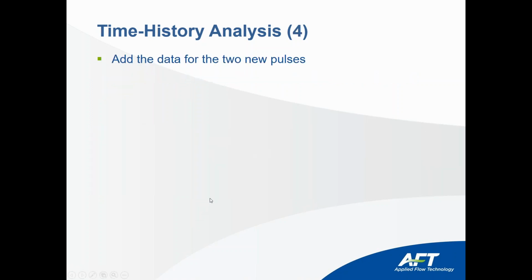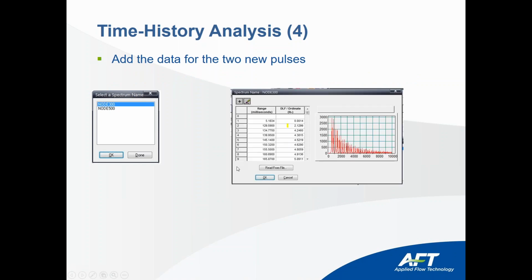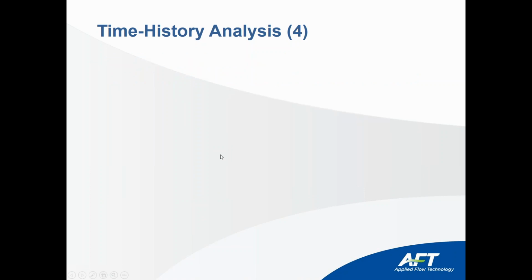So you're going to add the data to the new pulses. The first one we're going to add is node 300. So now we come in here and we read from a file, and you would read from the file node 300 which you exported from Caesar. I'm going to go back a little bit to remind you.